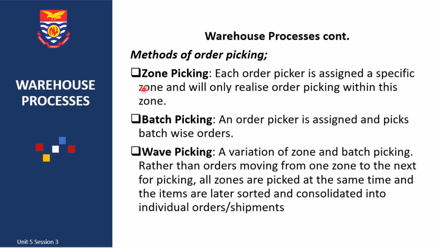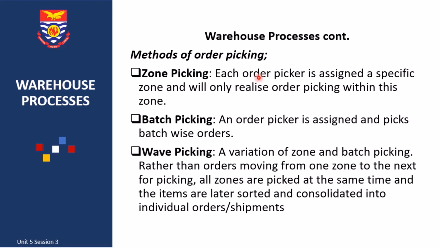With zone picking, the order picker or the warehouse staff is assigned to a specific zone, and they would only carry out order picking within that zone. So let's say the warehouse is into the storage of stationery or grocery items. Let's take a typical supermarket.